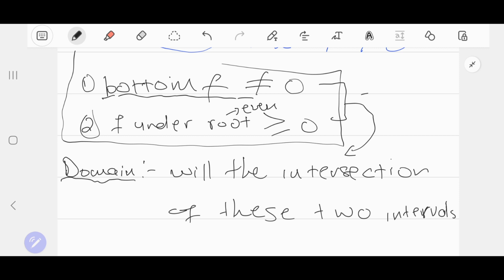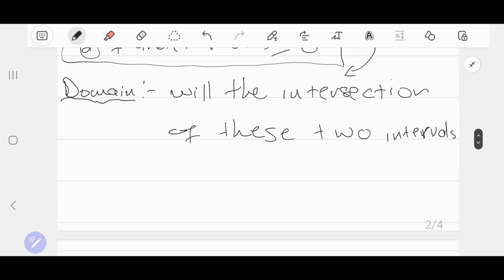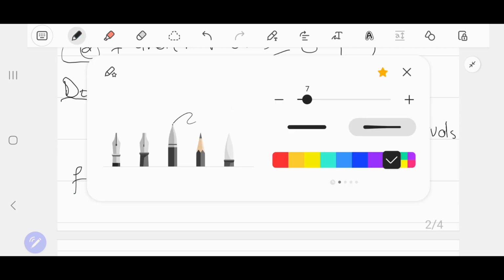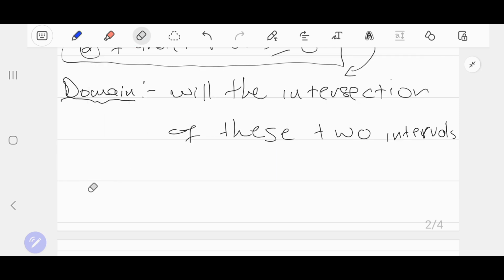Will represent your domain. So it's the same thing, people, as this one, where g is equal to, maybe in this case, x squared minus 4.